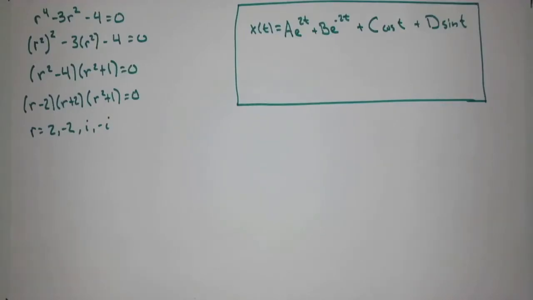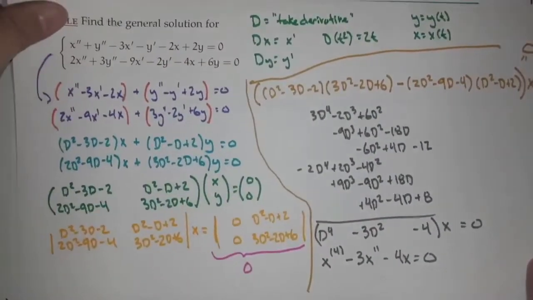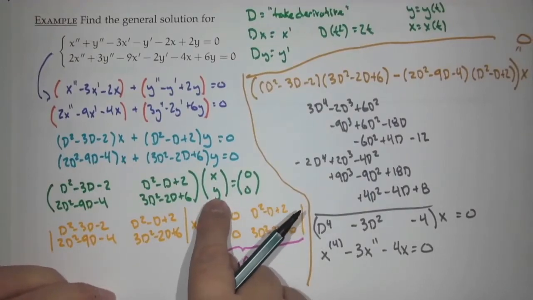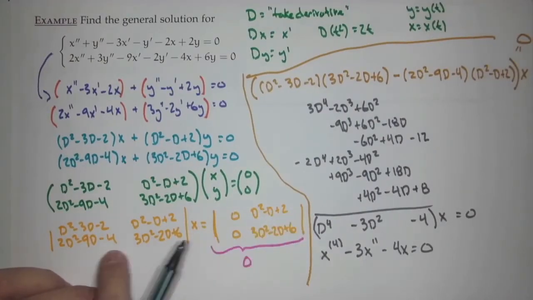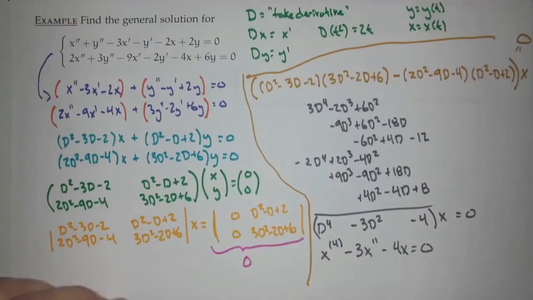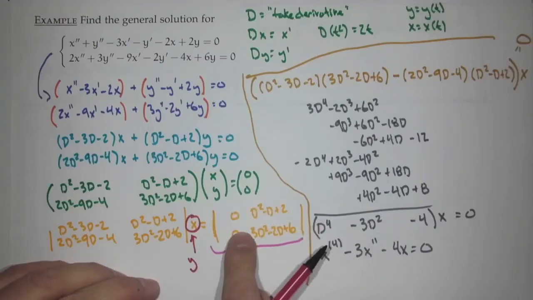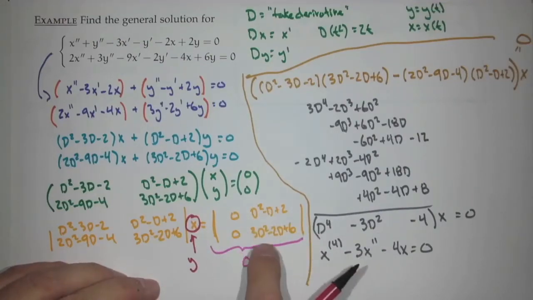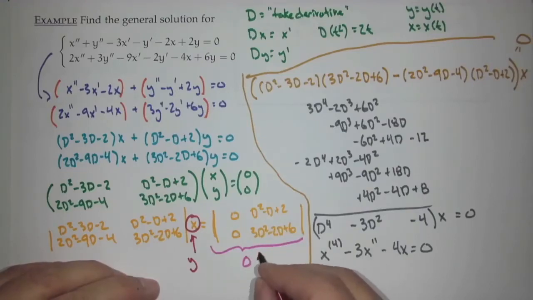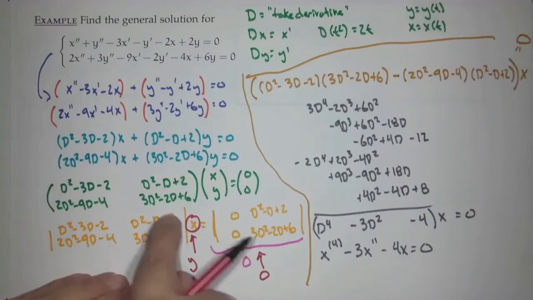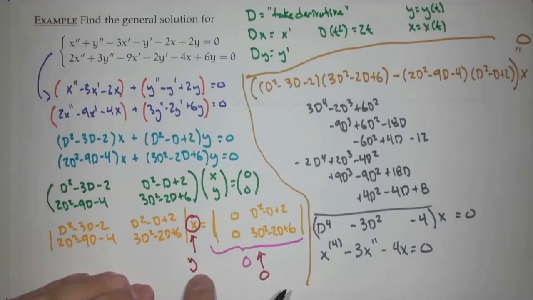Now we come back to the previous page. When I solve for y, what changes here? This x will become y. It will be a different determinant, but ultimately the determinant becomes 0 again. So you have the same left-hand side, except instead of x you have y, which means y to the fourth minus 3y double prime minus 4y equals 0.